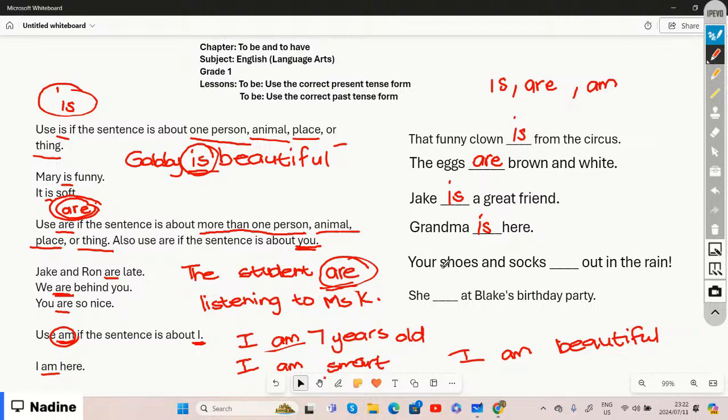All right, the next one says, your shoes and socks. We are referring to more than one thing, right? Because shoes is two or more, socks are more than one. So do we say your shoes and socks is out in the rain? Or do we say your shoes and socks are out in the rain?